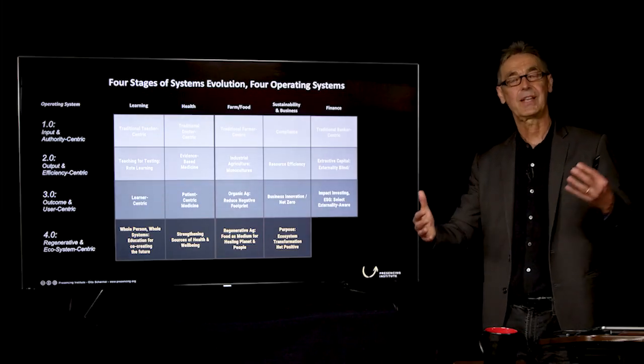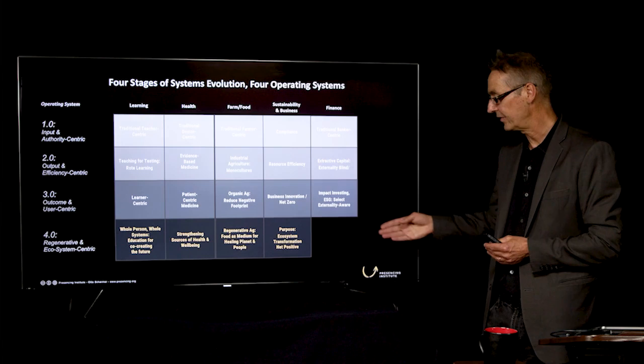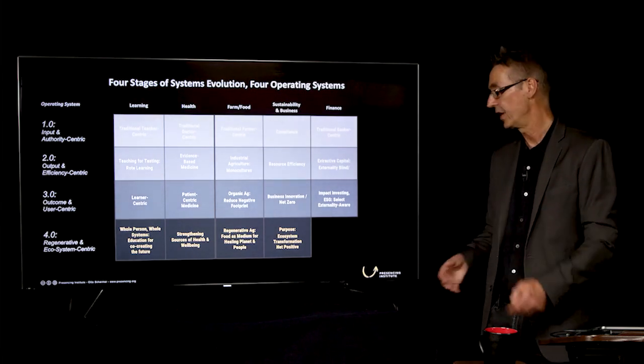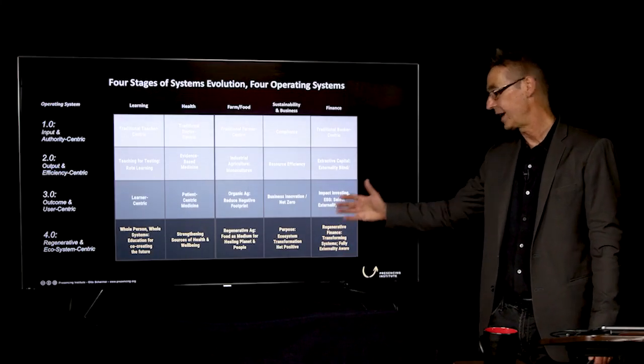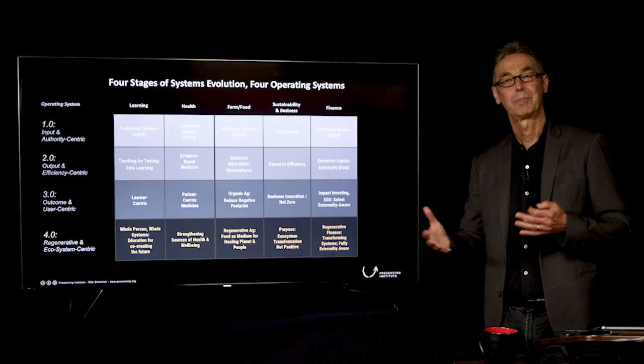We become selectively externality aware. That's a step in the right direction. But does that address the deeper systemic issues? Often it does not. That's what regenerative finance is really about, addressing and transforming the deeper root issues that can only be addressed if you bring together all the key players.